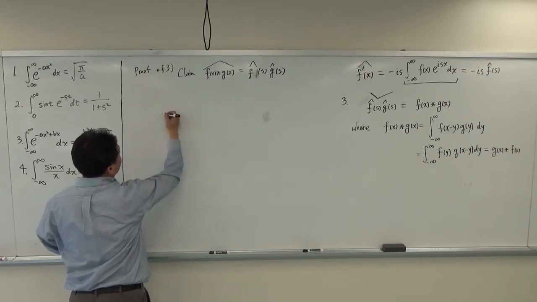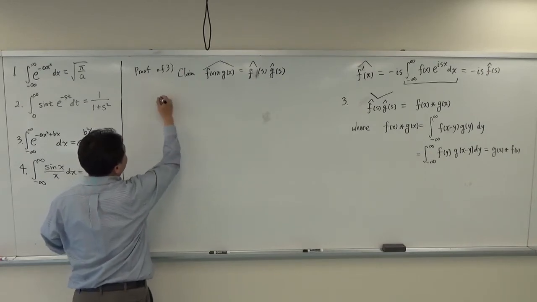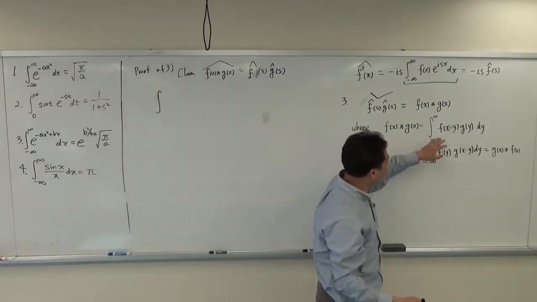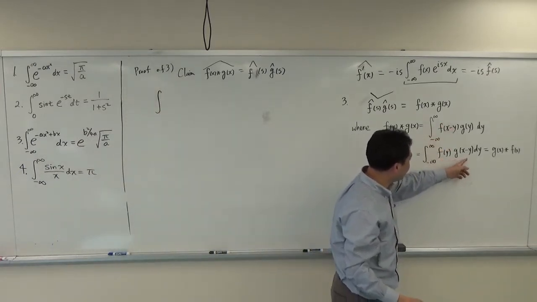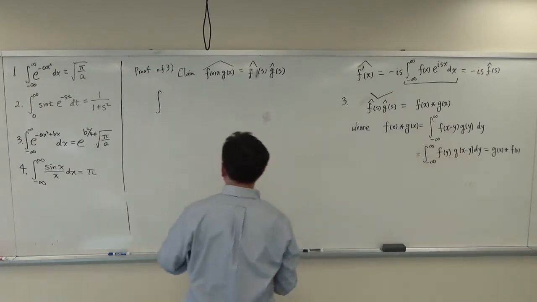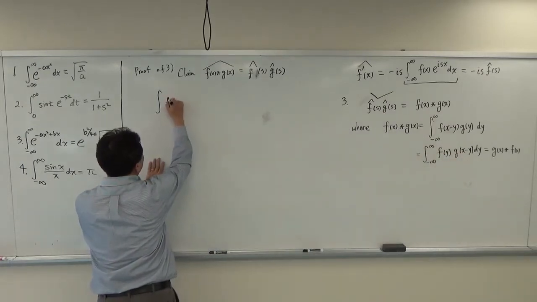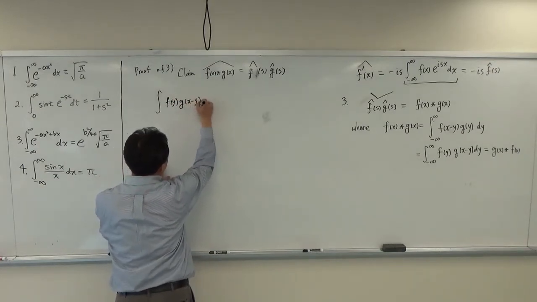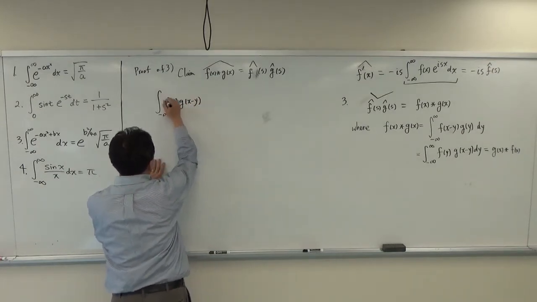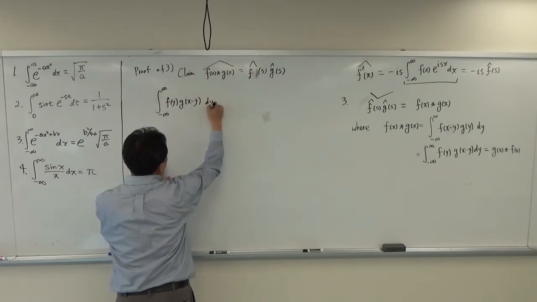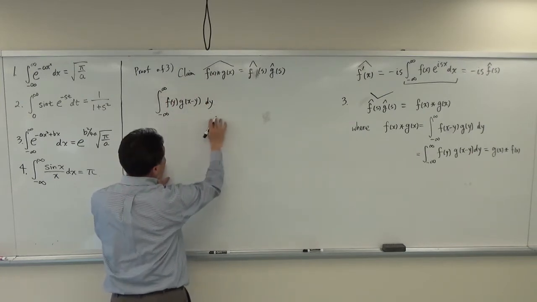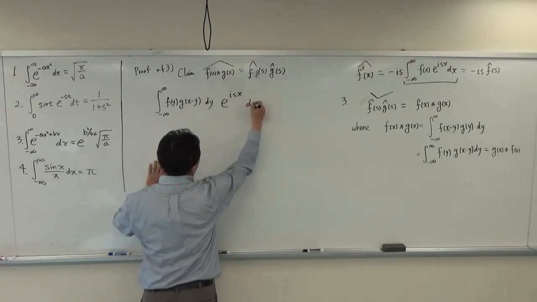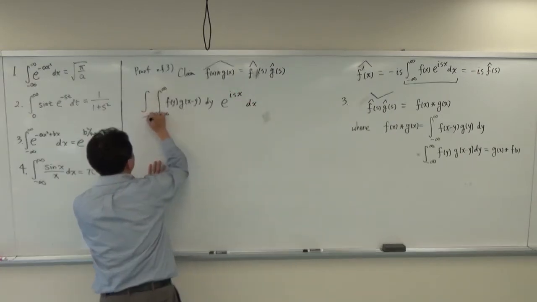So first of all, you need to write down what that is, and let's just assume that we do know this, so I'll just use this form. Okay. So I'm going to say f(y) g(x minus y), negative infinity to infinity, dy, and then I'm going to take the Fourier transform of this one, which is to multiply by e to the isx dx from negative infinity to infinity.